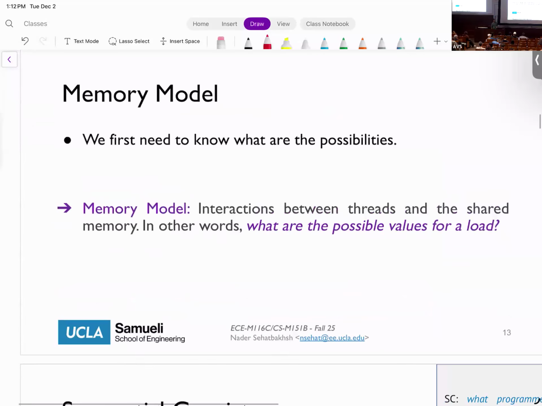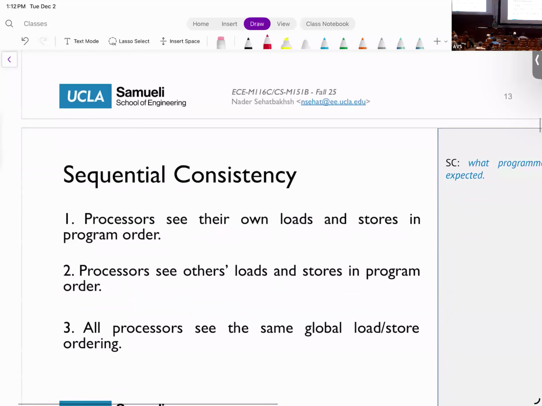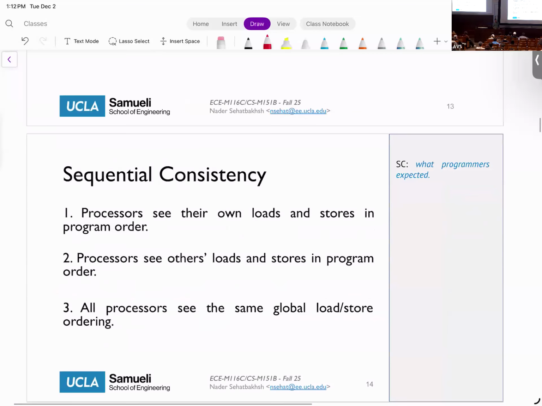So what are those memory models? There is the famous one called the sequential consistency model. Sequential consistency means the most intuitive way of writing a program, where all the loads and stores happen in program order. If I can do this in hardware, essentially throwing out all those optimizations that I mentioned, and pass it to the programmer, then the programmer can reason about this and write their programs correctly.